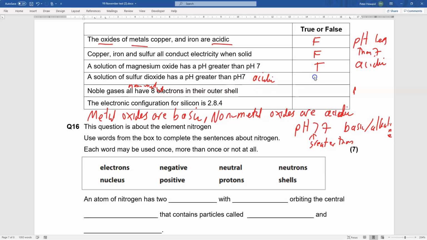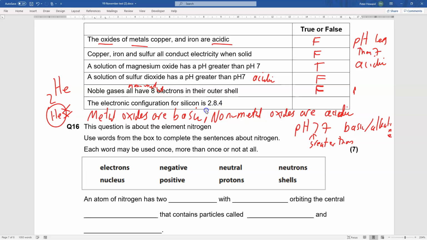So we would expect the pH to be less than 7, so false. Noble gases all have 8 electrons in the outer shell. The one exception to this is helium, which has the electron arrangement of 2, so that's also false.